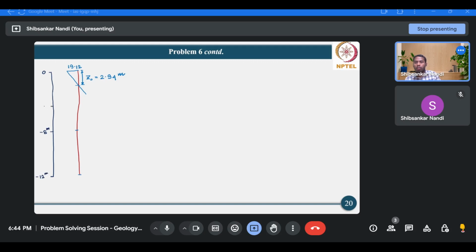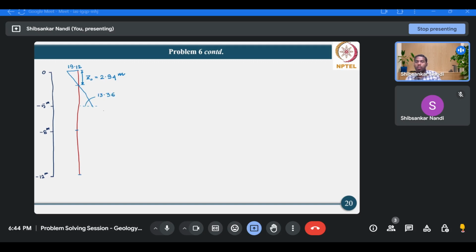And there it will be minus 5. Okay, so this is your 13.36.